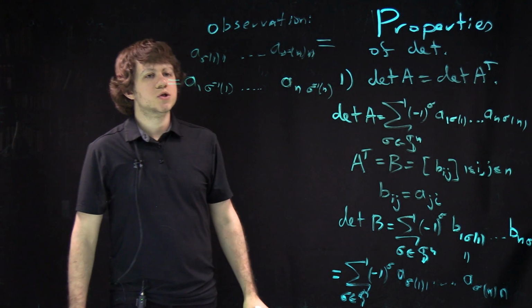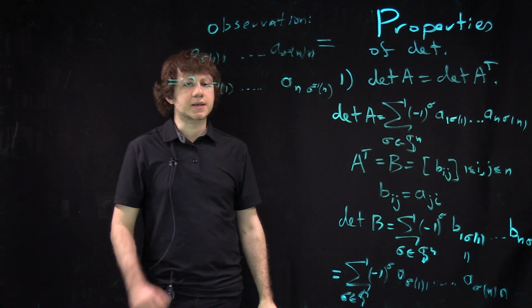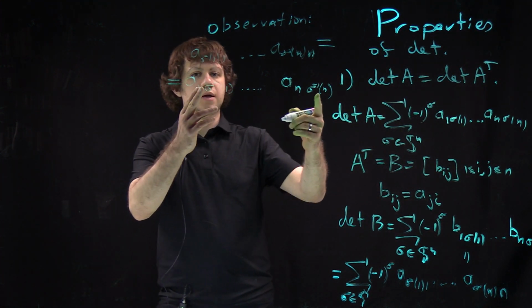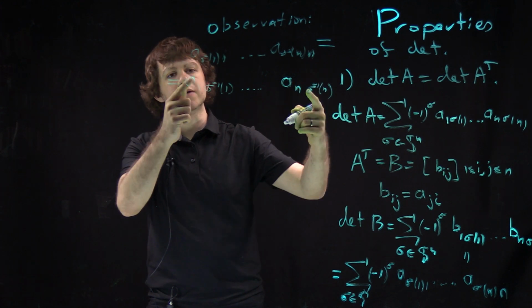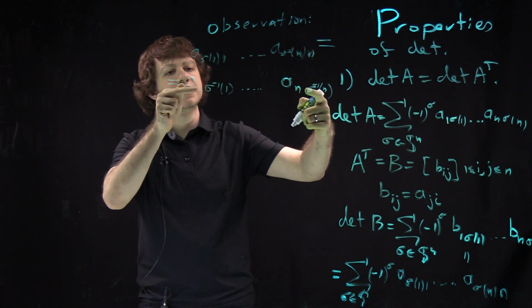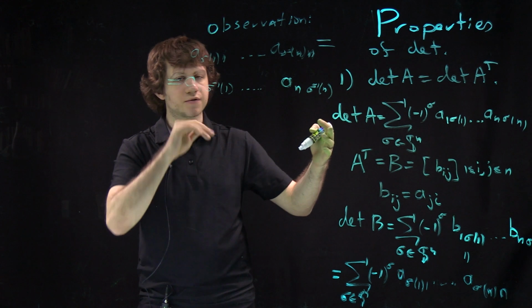So why is this the case? Of course, the statement that the products are equal follows from the fact that these numbers and these numbers are just the same numbers, just in different order.